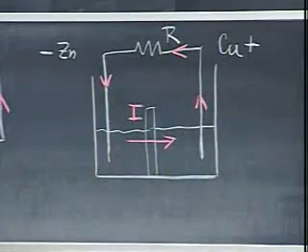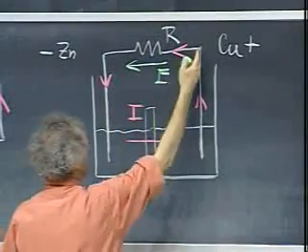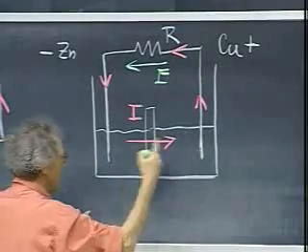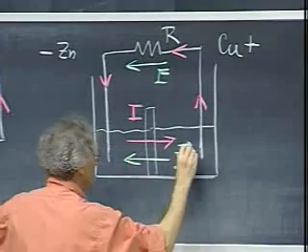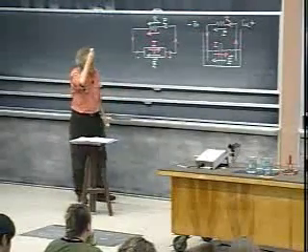And the electric field here is in this direction, from plus to minus, but also inside the battery the electric field must be from plus to minus. So you see again, as we saw here, that the electric field is in the opposite direction of the current.